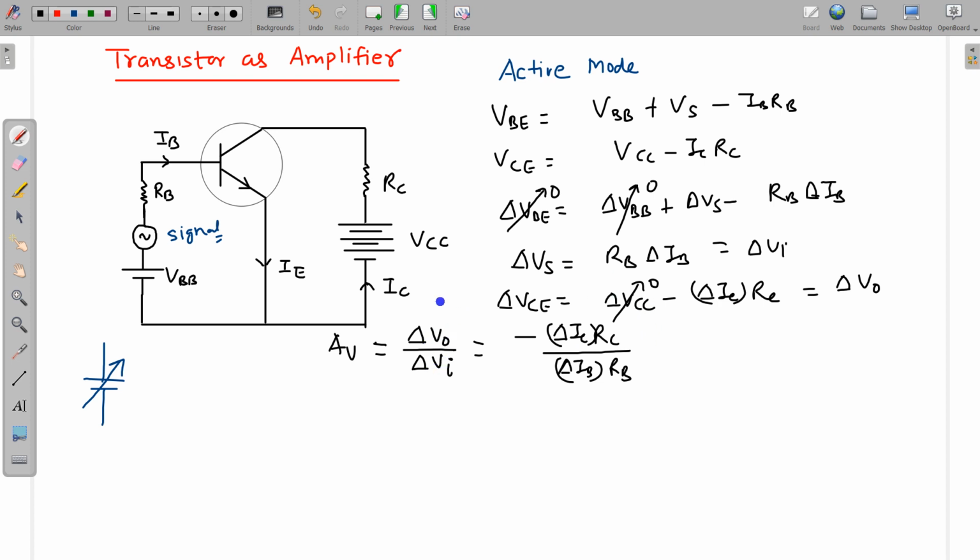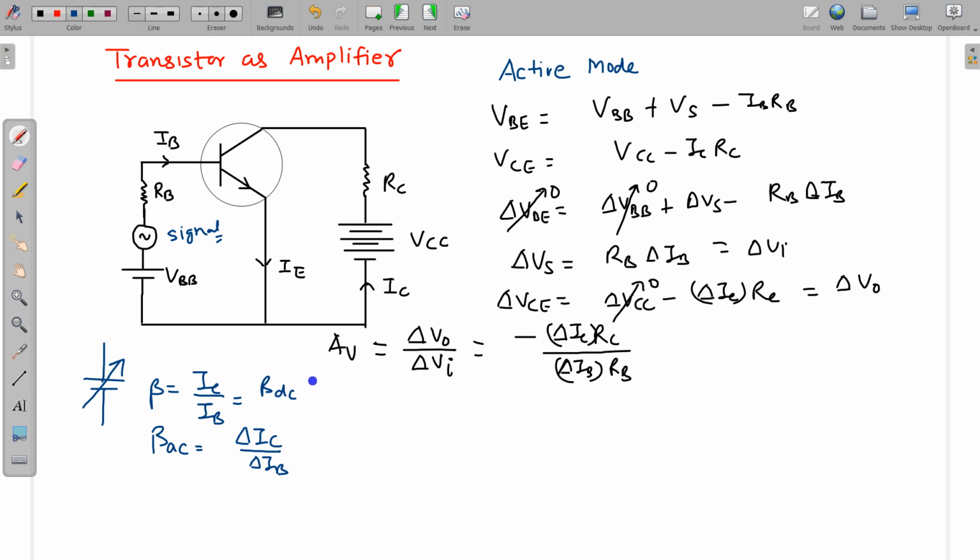We have already defined a term called beta, and I defined it like this: beta is equal to IC upon IB. If we put just the values IC and IB, then we call it beta DC. If we define beta AC for fluctuations, then it is written as delta IC divided by delta IB. Whenever we use AC, we are interested in fluctuations.